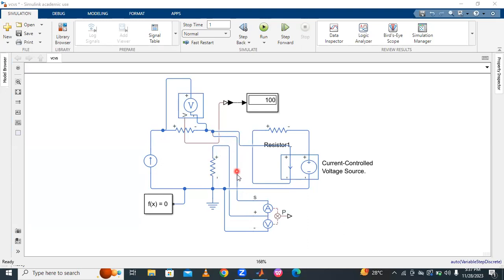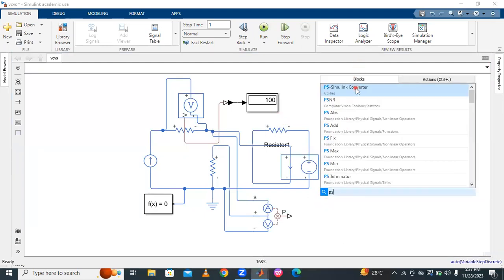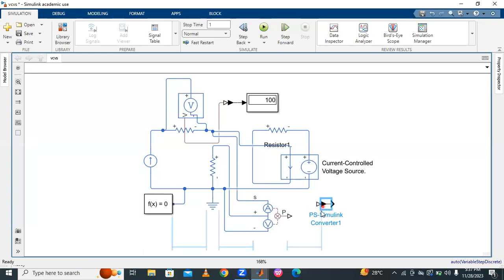Current goes through, and then this is called voltage, positive terminal here and the negative terminal here. So voltage parallel, current series, and then take one PS Simulink converter. Place it here, and take one display.